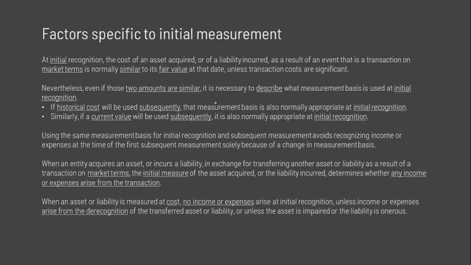In transactions not on market terms, measurement at historical cost may not provide faithfully represented information. Examples of transactions not on market terms include transactions in which the transaction price is affected by related party relationships or by financial distress of one of the parties, receipt of donation from another party or a grant from the government, and incurrence of a liability that is imposed by law or penalty for an act of wrongdoing.